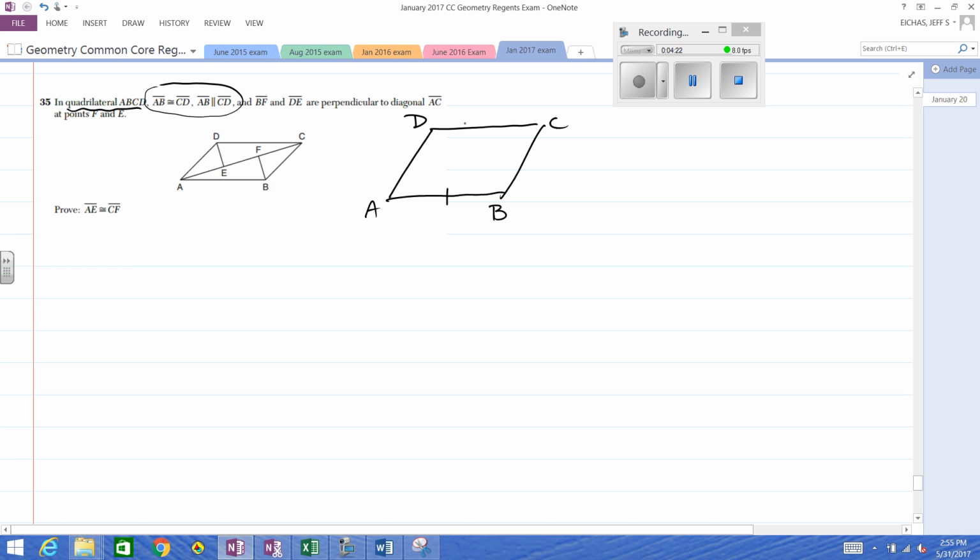So if AB is congruent to CD and the second piece is that it's parallel, what you have is a pair of opposite sides parallel and congruent at the same time.